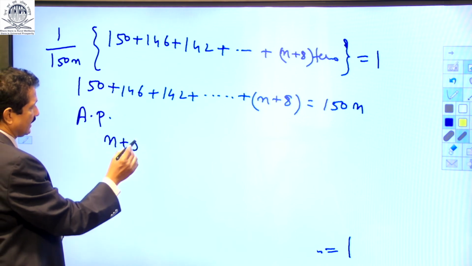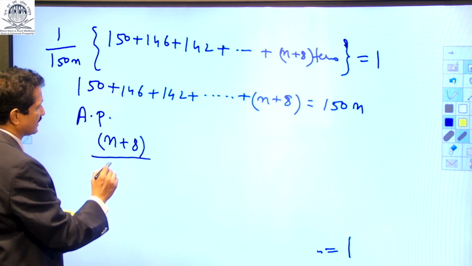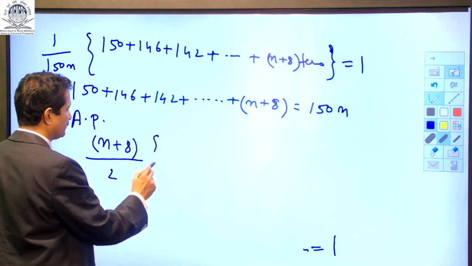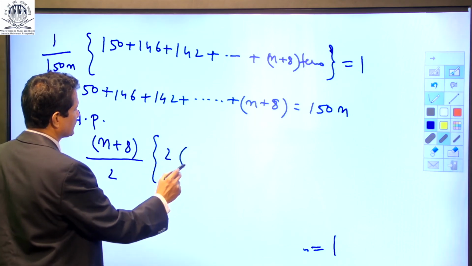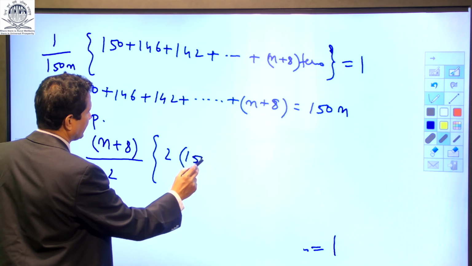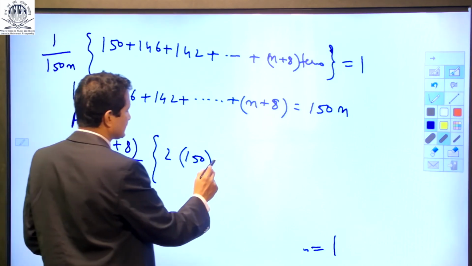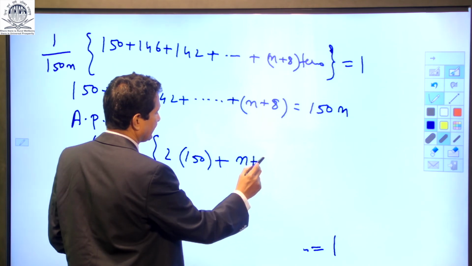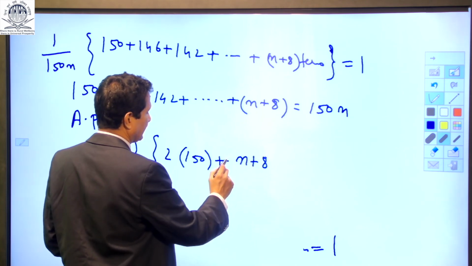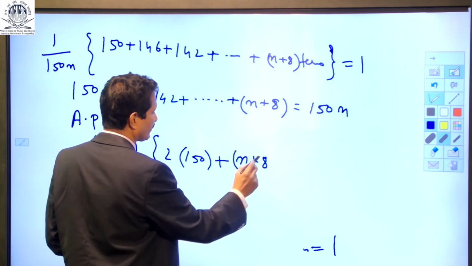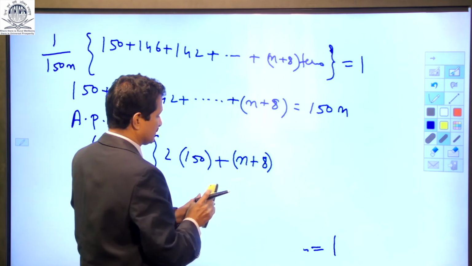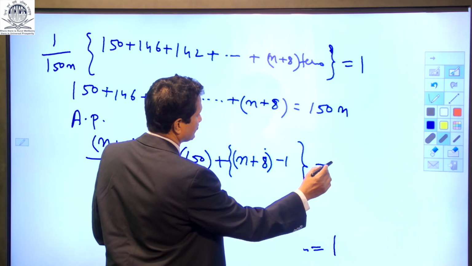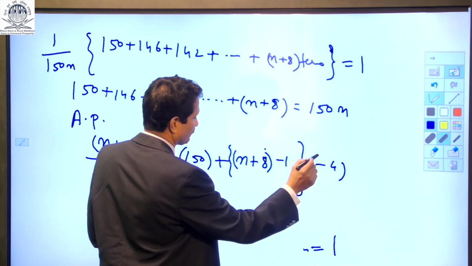So n plus 8 divided by 2 into 2 into the first term, which is 150, plus n minus 1. N here is n plus 8 number of days, please remember that, minus 1 into d. Here d is minus 4.